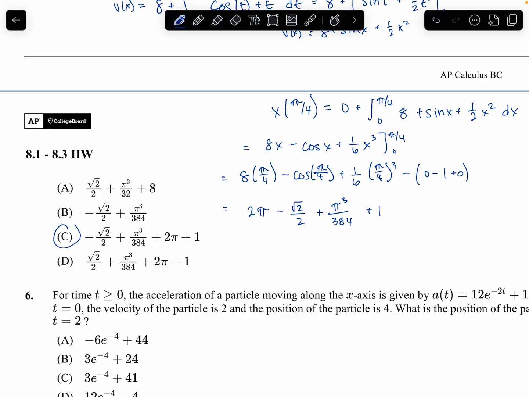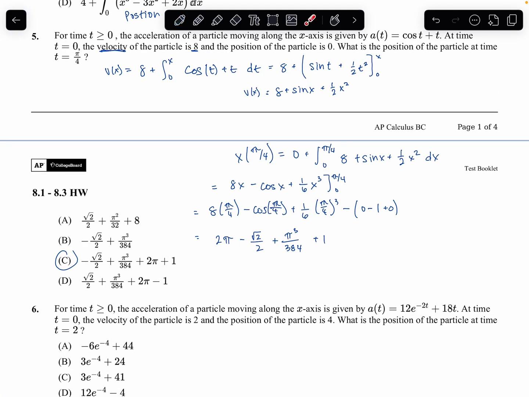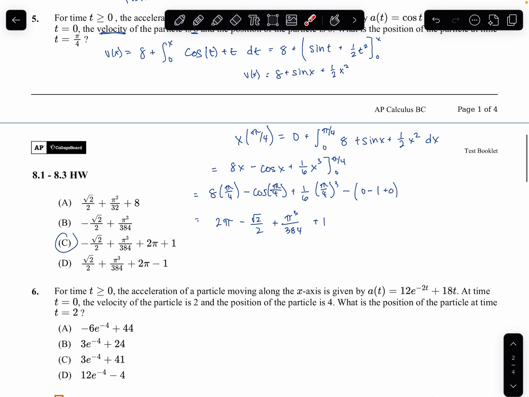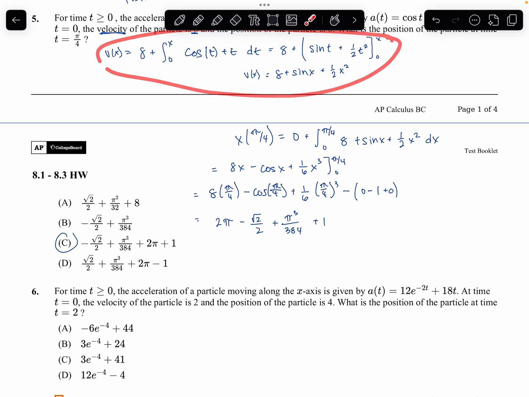Alright, cool. That was a fun one. I like those ones. Of all the questions that we've done so far, I would give this one a star in terms of importance of knowing how to do, because they always like to do questions like this on the AP exam, at least once in the free response. I don't know if they'll make you do it twice like we did here, but basically you're just using the same formula twice.